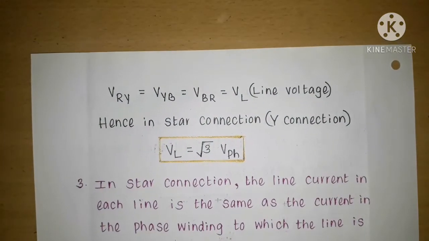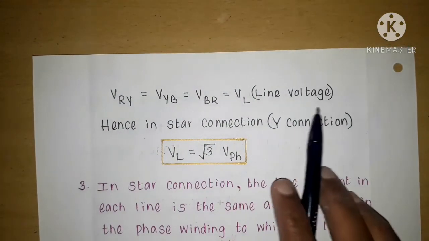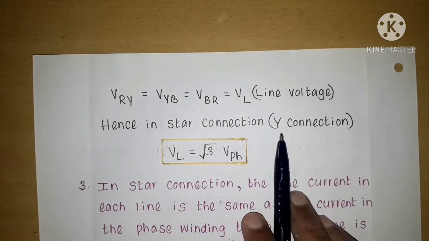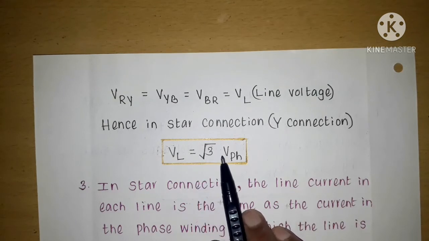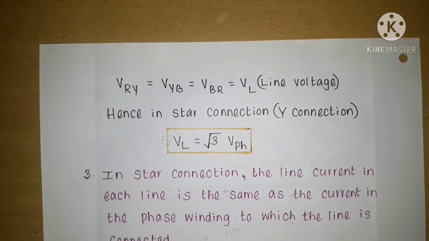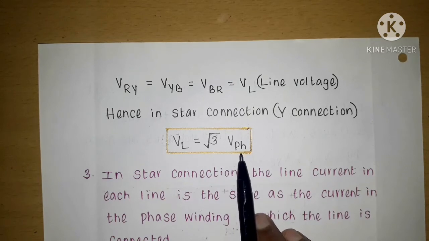So VRY equals VYB equals VBR equals VL, which is the line voltage. Hence in star connection, VL, the line voltage, equals root 3 times the phase voltage. So for a balanced star connection, line voltage equals root 3 times phase voltage.